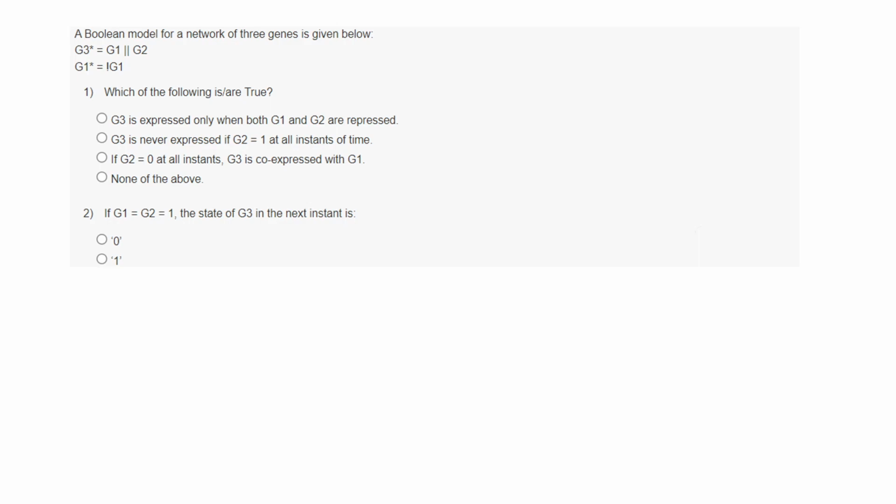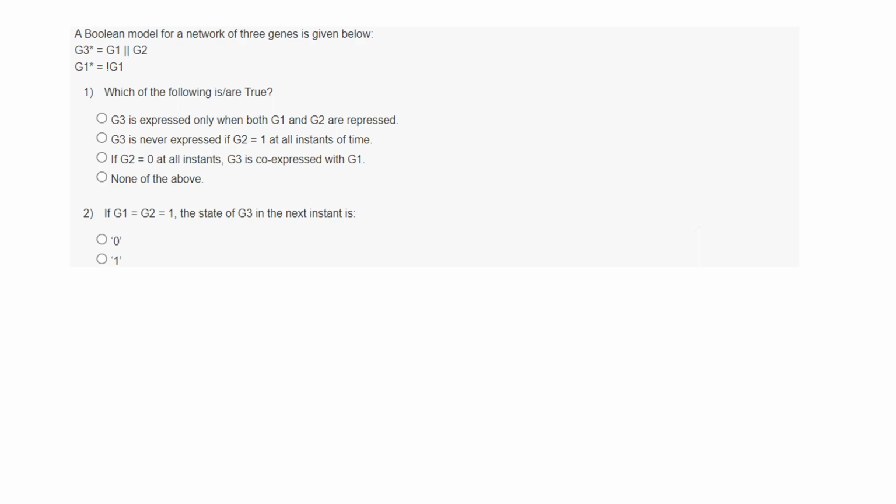It is also not true because it is dependent on the value of G1 as well. It's not only dependent on G2, it's also dependent on G1.